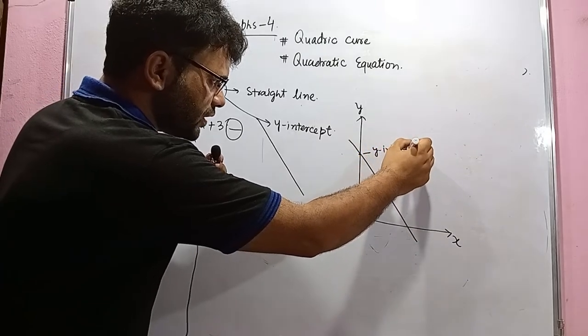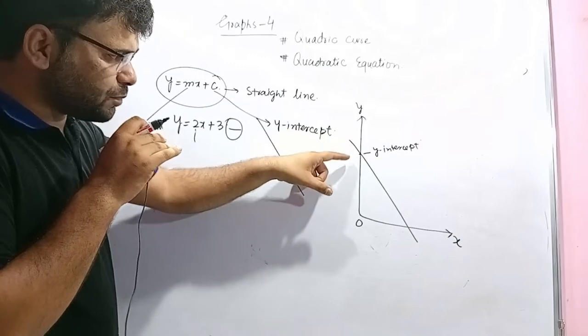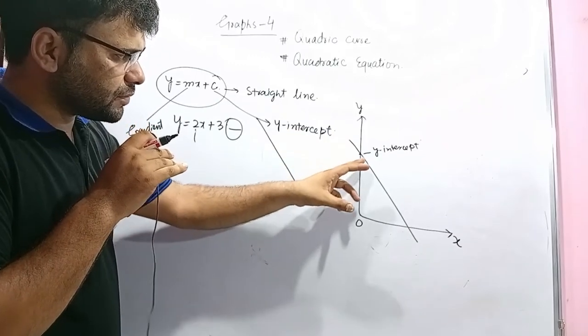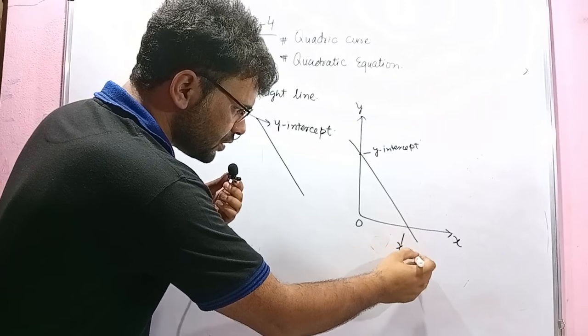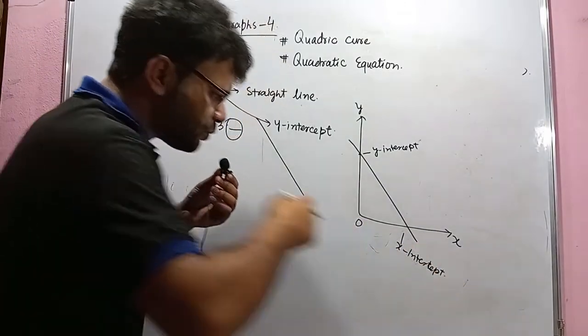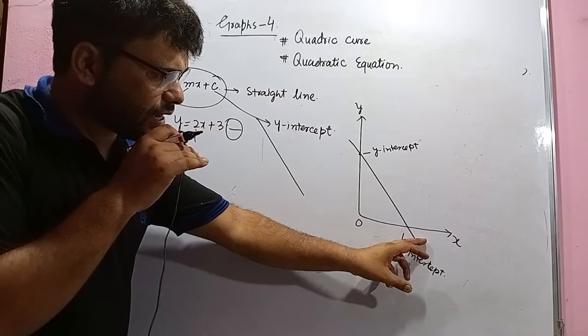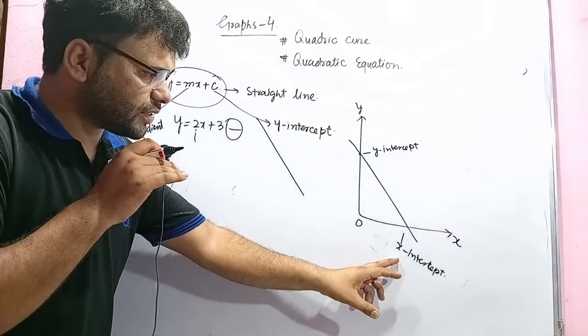So what is the y-intercept? The y-intercept is the point where the graph touches the y-axis, and this is called the x-intercept. So the x-intercept is the point where the graph touches the x-axis.